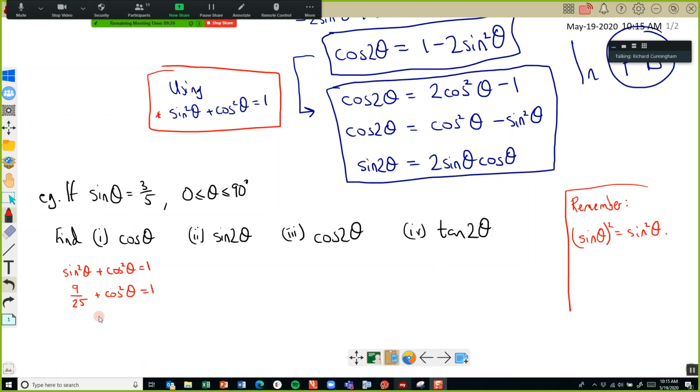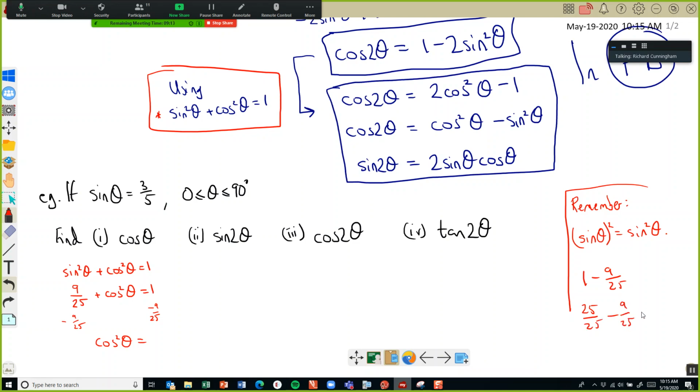Before a square root, I've got 9/25 plus cos squared theta equals 1. I'm going to subtract 9/25 from both sides. If this is a calculator paper, you would have to do that without a calculator. You'd need a common denominator of 25.